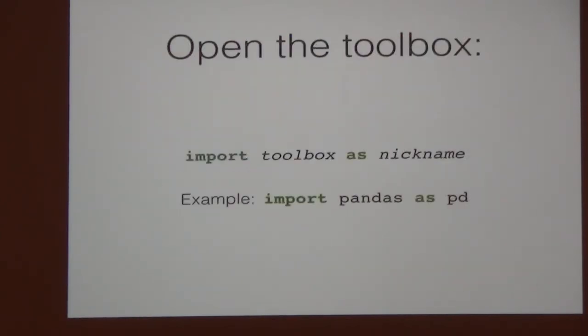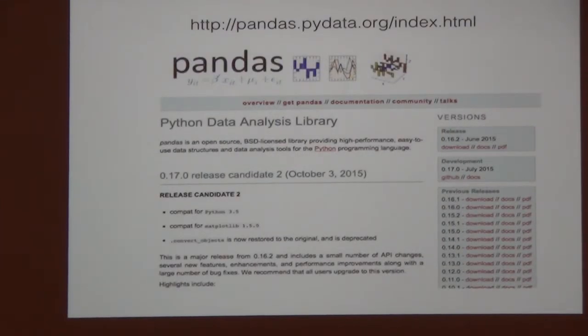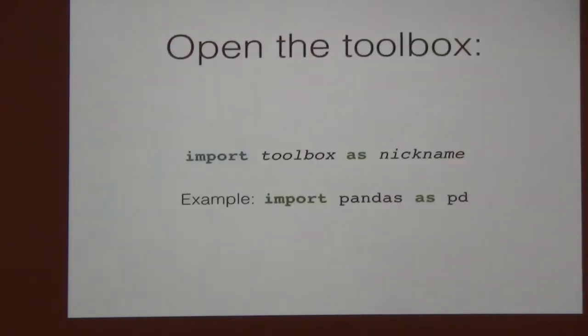And so the way you use a tool is basically two steps. You first have to open the toolbox. Once we're in the IPython notebook, you open the toolbox using this command called import. You give the name of the toolbox, and then you can give it a nickname, which will save you some typing. So for example, we're going to type import pandas as, and there's its nickname, pd.